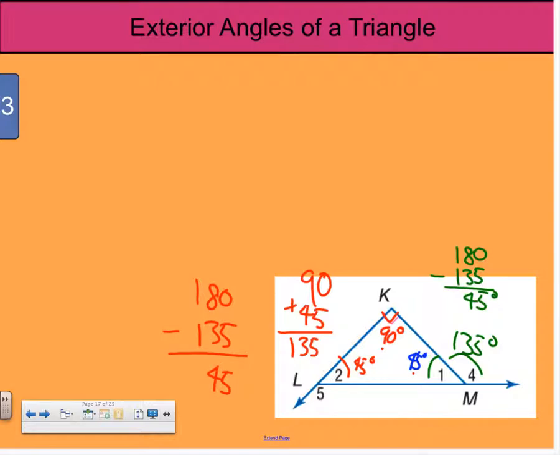The other option, and only try this if you feel like a little bit of a challenge, is to understand that an exterior angle is going to equal the sum of the two remote interior angles.